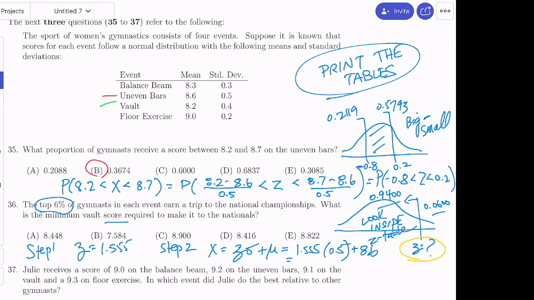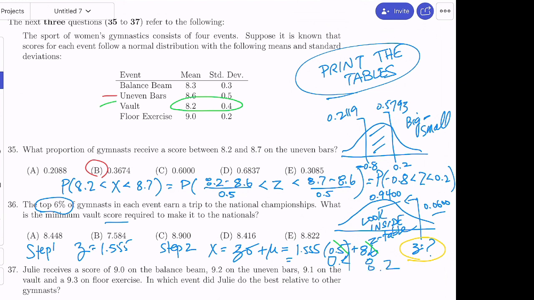So I'm going to use the vault results, and I have to fix this because I used the wrong results. So the vault, well, that's right. What's wrong is these numbers that I put here. I need to put, for the vault, it's 0.4. And for the mean, it's 8.2.